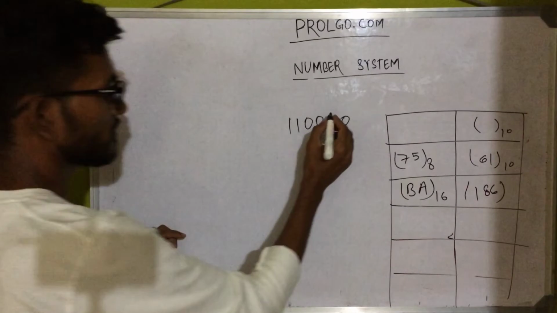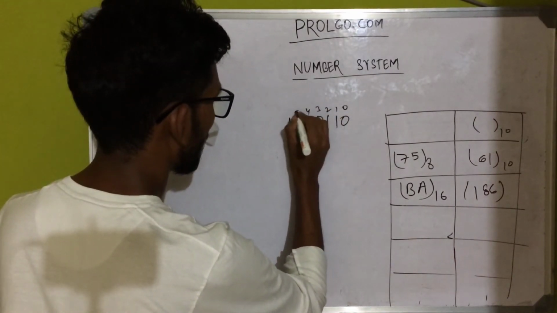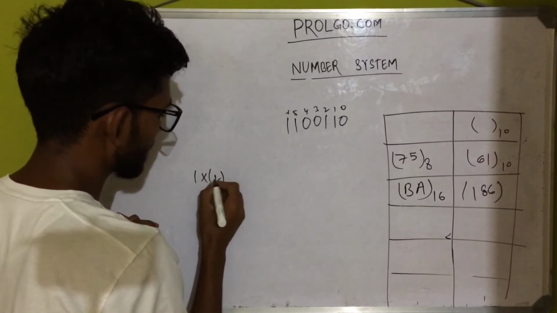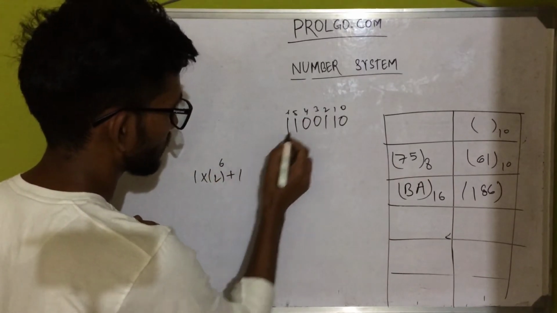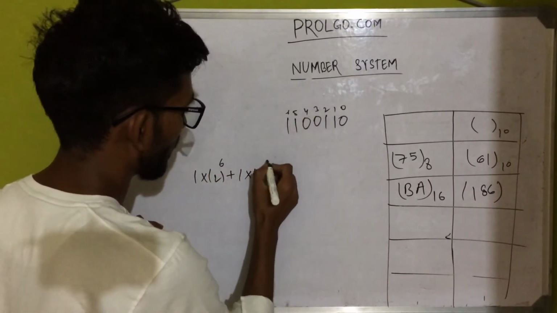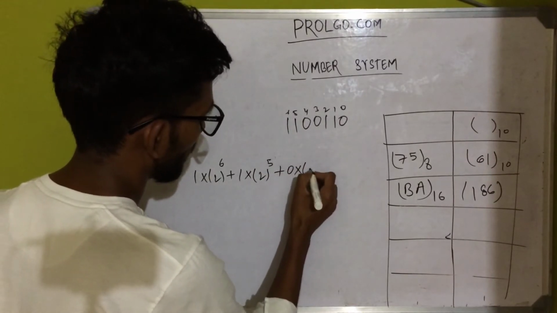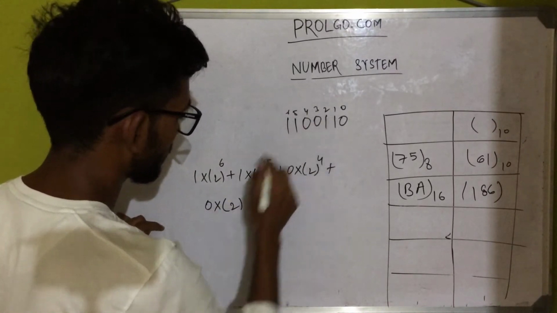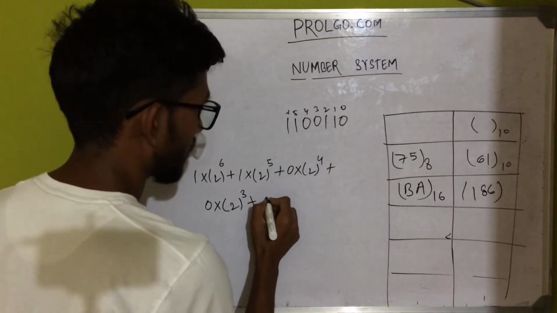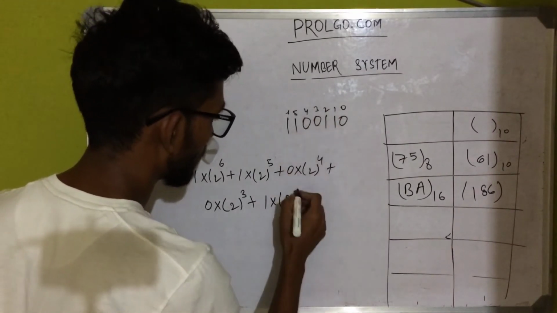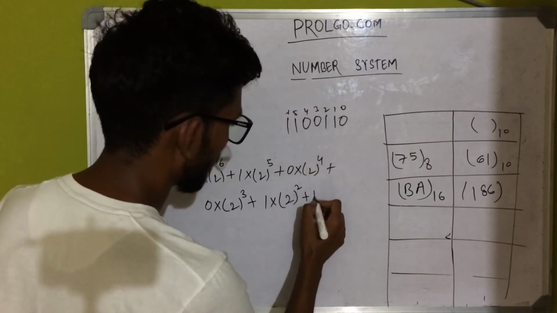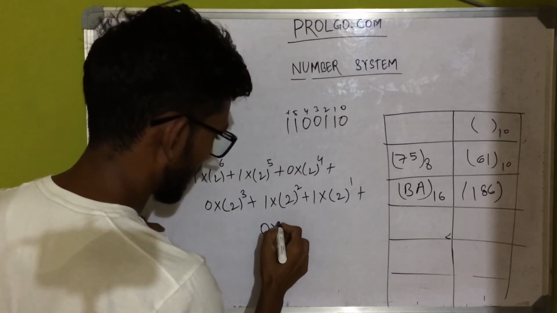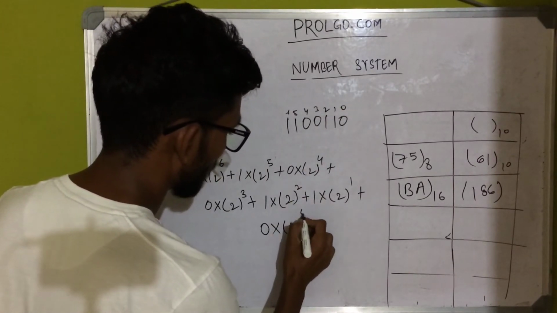So now we will convert this with positions 0 to 6. 1 multiplied by base 2 to the power 6, plus 1 multiplied by 2 to the power 5, plus 0 times 2 to the power 4, plus 0 multiplied by base to the power 3, plus 1 multiplied by 2 to the power 2, plus 1 times 2 to the power 1, plus 0 multiplied by base to the power 0.